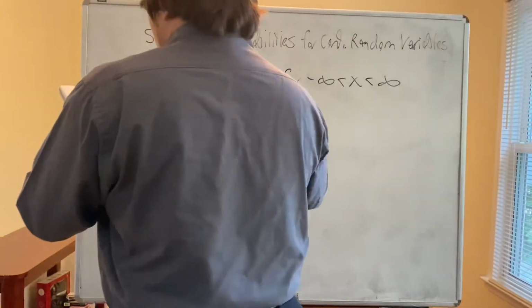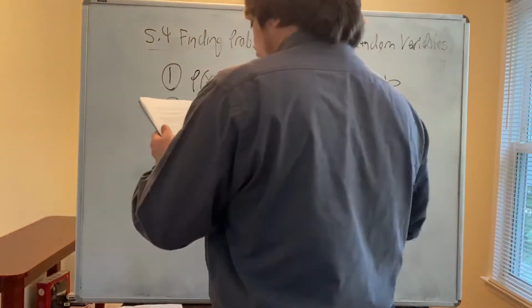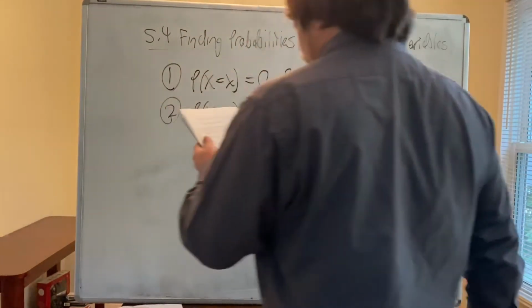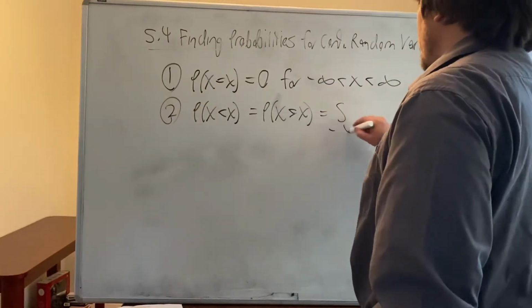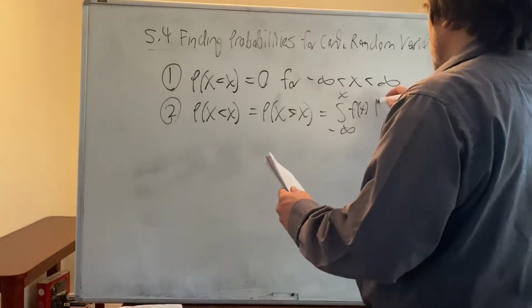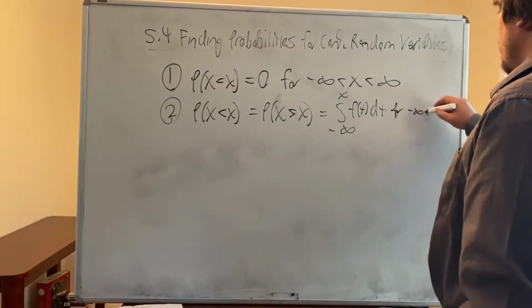2, the probability capital X is less than little x is equal to the probability that capital X is less than or equal to little x, which equals the integral from negative infinity to little x of f of t dt. This is for any real x.